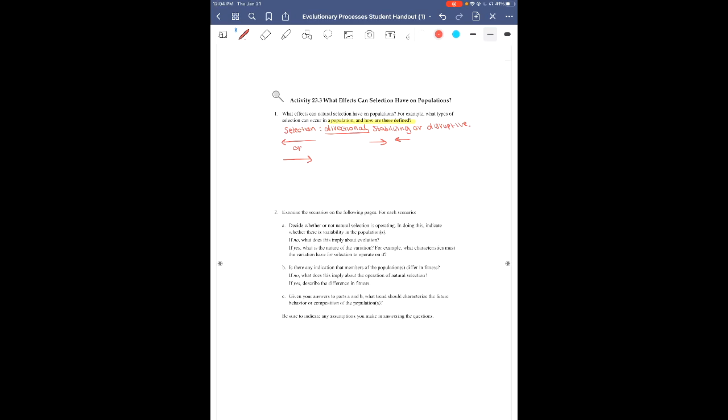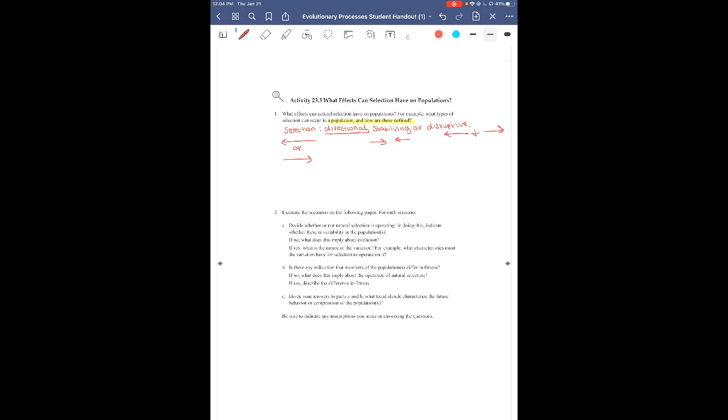And if the selection acts against the mean, then it can lead to polymorphism in a population and can lead to disruptive selection. So that's where it goes this way and this way.